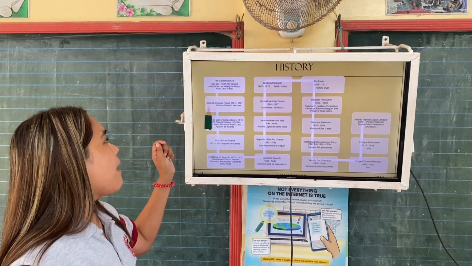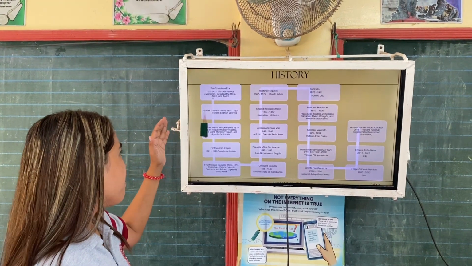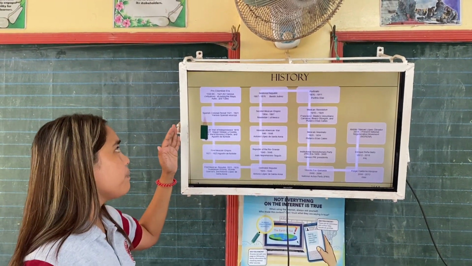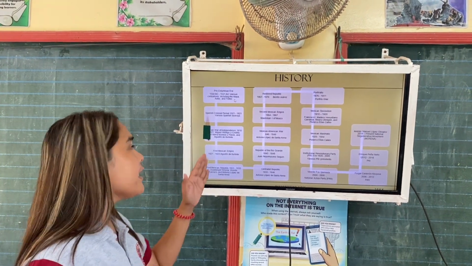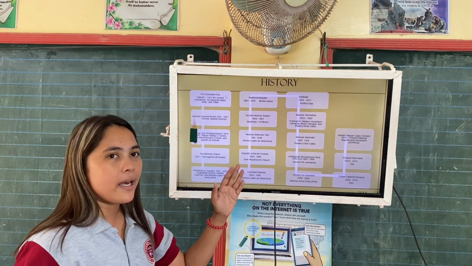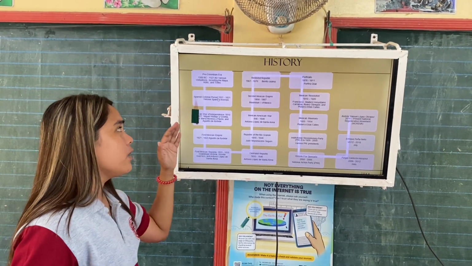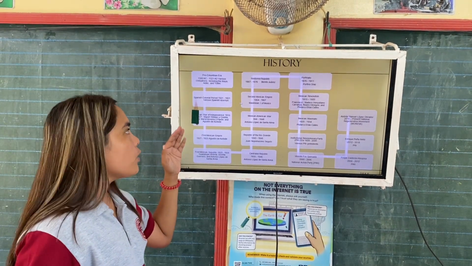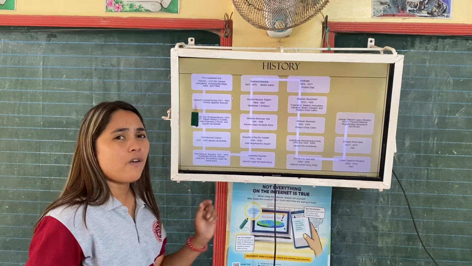So by the time of the pre-Columbian era, which is 1500s BC to 1521 AD, various civilizations, including the Maya, Aztec, and Toltec happened. Then, followed by the Spanish colonial period, by the year 1521 to 1821 were the various Spanish viceroys.